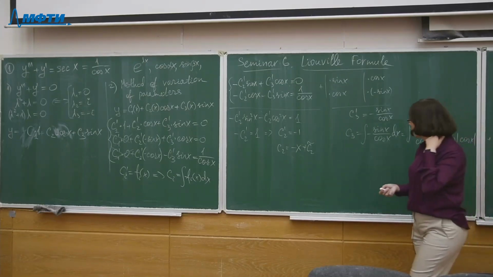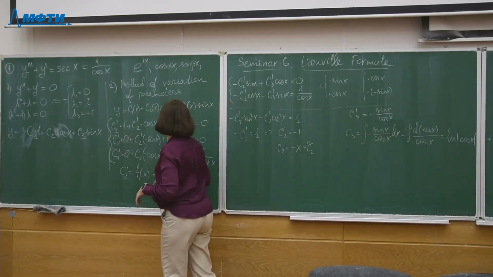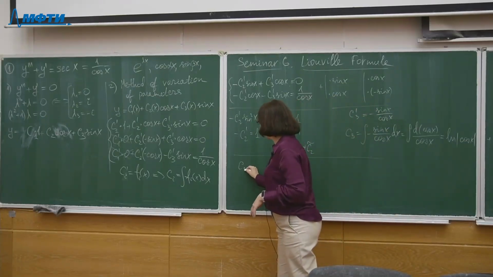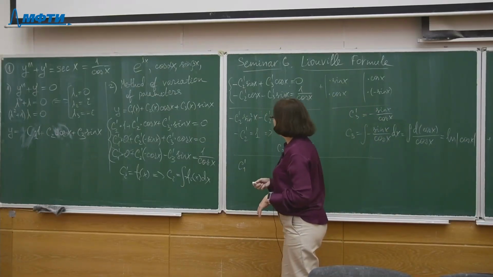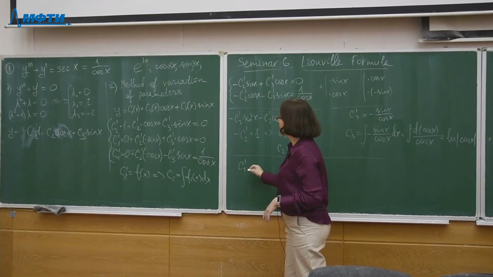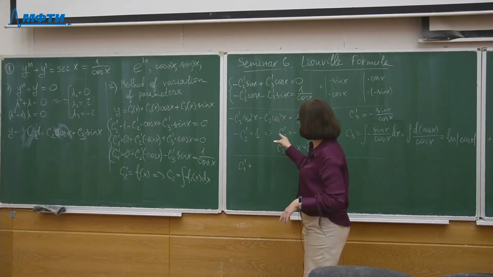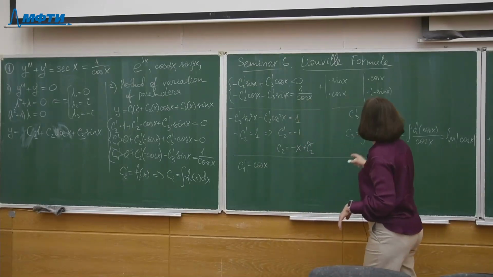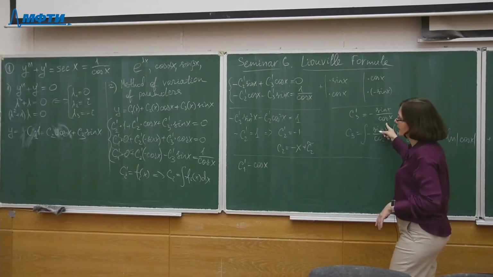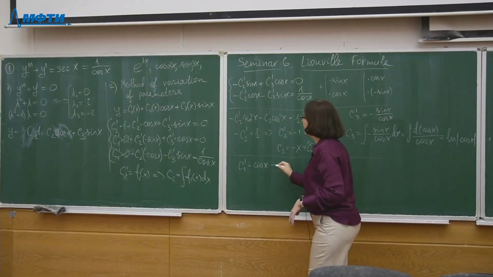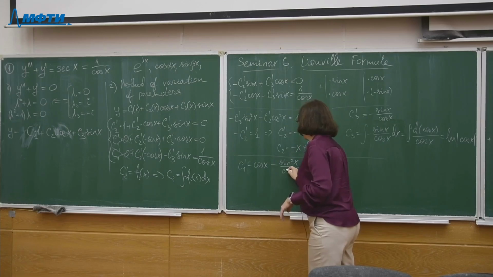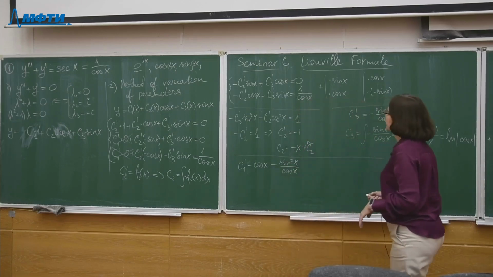And now our goal is to find c1. We need c1. I will rewrite the equation for finding c1 prime. Okay, c1 prime plus c2 prime, which is -1, so minus cos x, and c3 prime is minus sine x over cos x, so minus sine squared x over cos x equals 0.